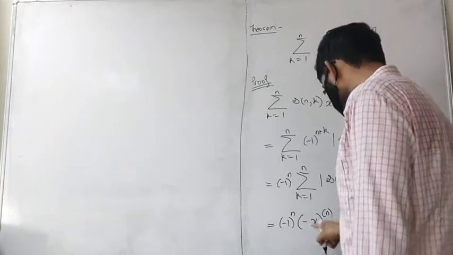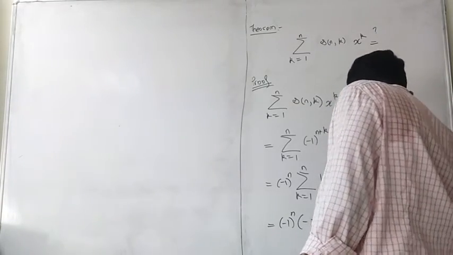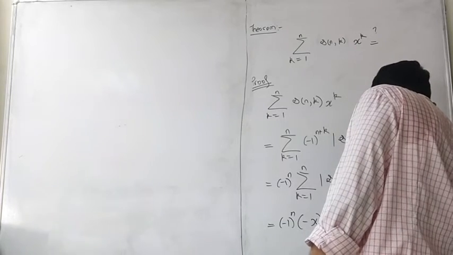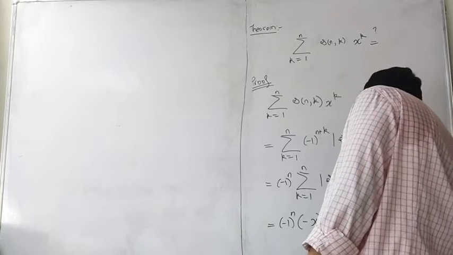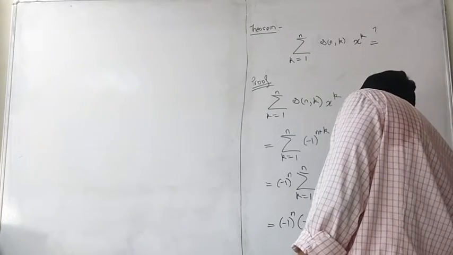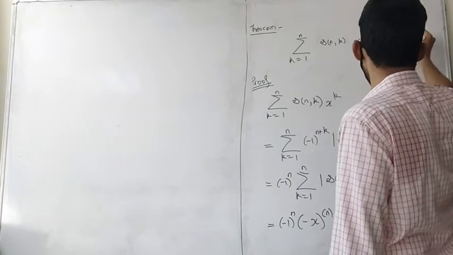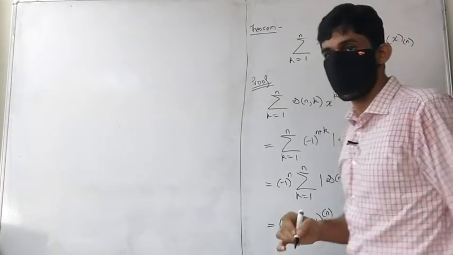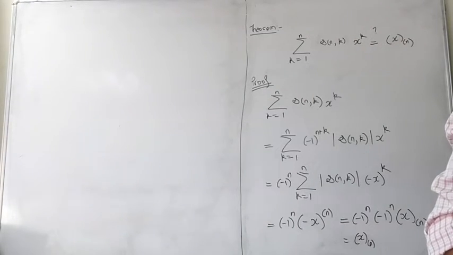Okay, and what is this? This is nothing but minus 1 raised to n into the falling factorial of x, and we know that this is 1, so this is nothing but the falling factorial of x. So this gives us the generating function of the signed Stirling number.